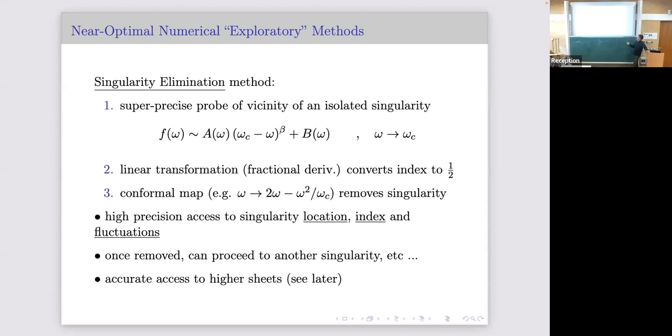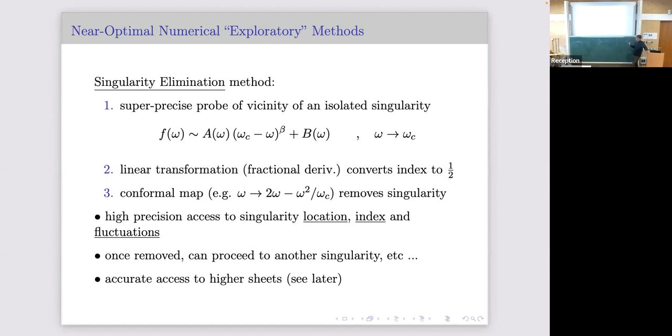The question is, how much can you learn about this? So this is a local behavior. You want to know the location, the exponent, and as many terms here of the fluctuations around that exponent. And you might want to know this one as well.